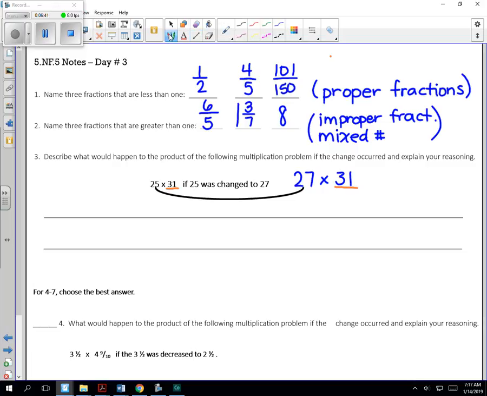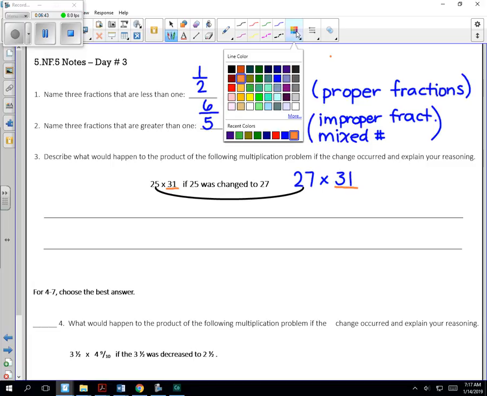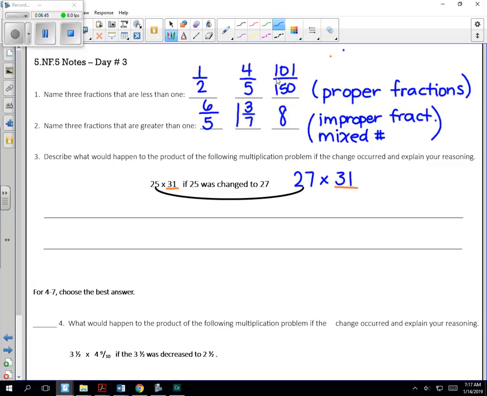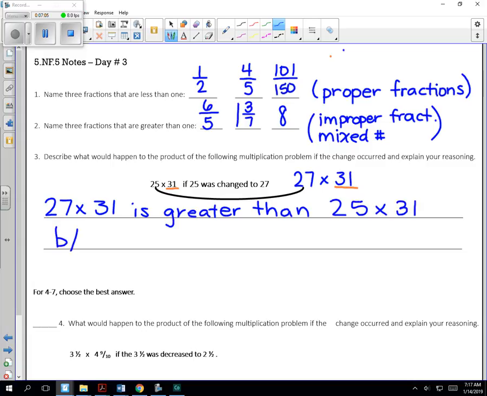Well, 27 is greater than 25. Therefore, 27 times 31 is greater than 25 times 31 because 27 is greater than 25.